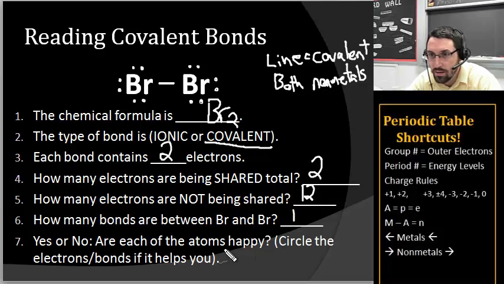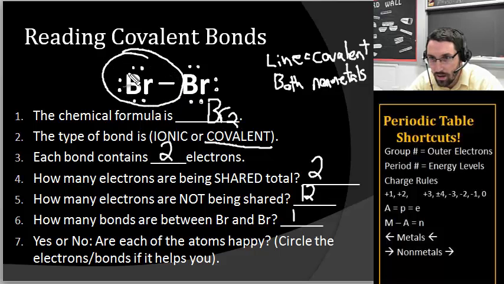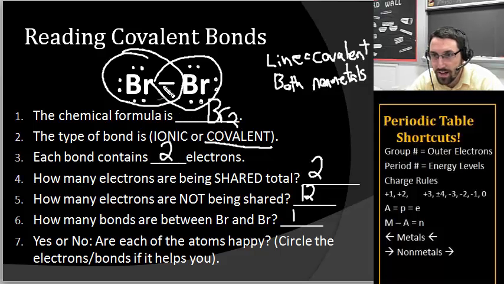If I look at the first Br, I have 2, 4, 6, 8 electrons. If I look at the second Br, I have 2, 4, 6, 8 electrons. The line represents 2 electrons, and they're in both atoms. So we say yes, they are both happy, or both stable.